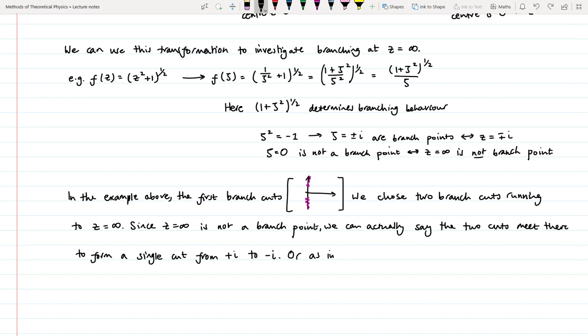Or as in the second example, and I'll draw another picture of that to remind us, we can instead omit the point z equals infinity.